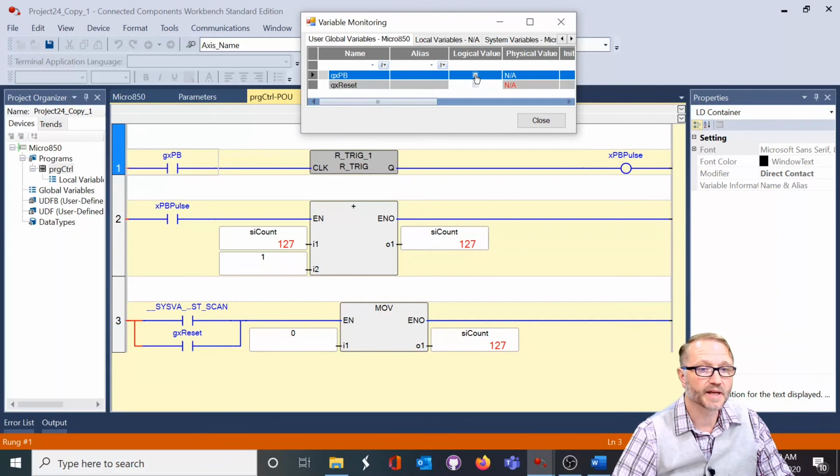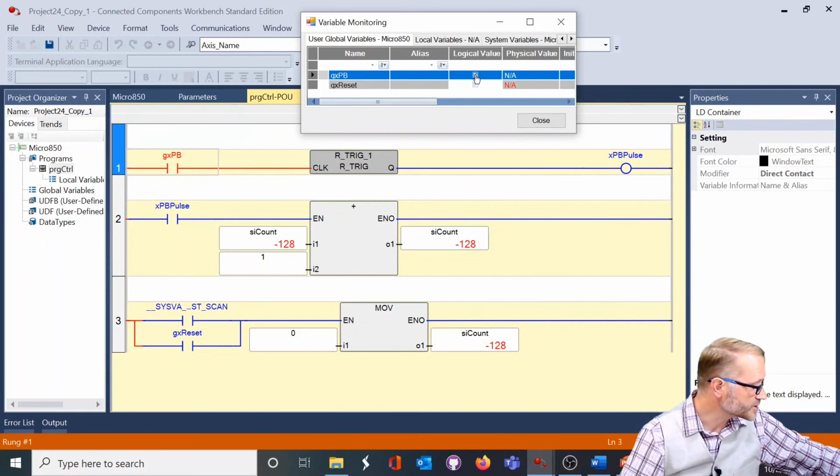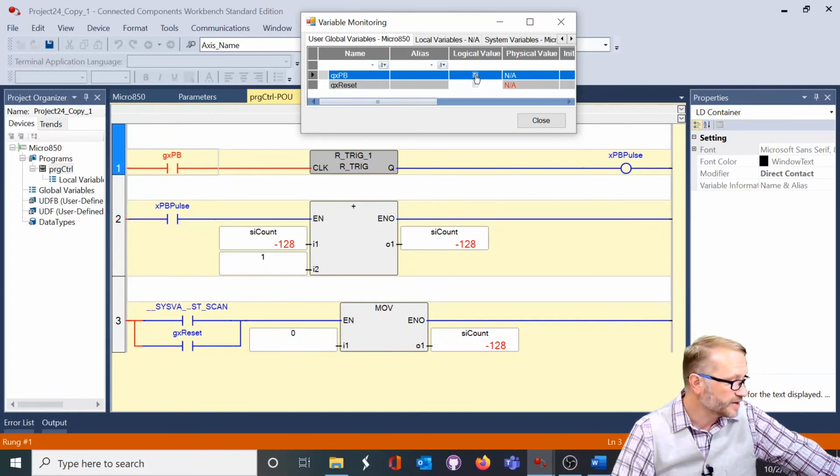And we push the button again, and it goes to, wait for it, negative 128. Was that expected? Well, if you go back to your table and you look up what a short integer will allow, it says that the values can be between negative 128 and positive 127.